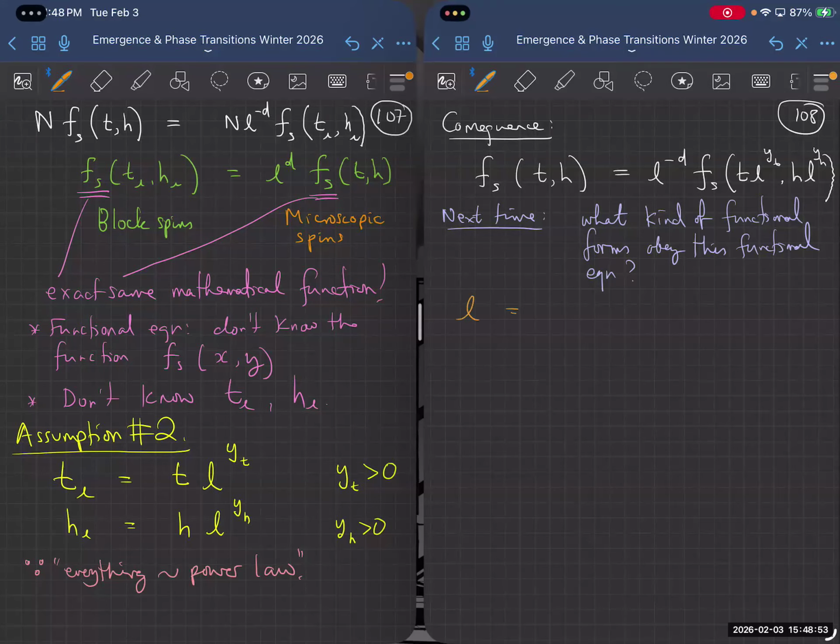So L is arbitrary. It can vary to whatever you like. So there is a symmetry now in this equation, which is as I vary L, it has to conspire that, as I vary L inside the function Fs, L appears inside the function here, and it appears out here. It doesn't appear on the left-hand side. So L is arbitrary. So there must be a conspiracy.